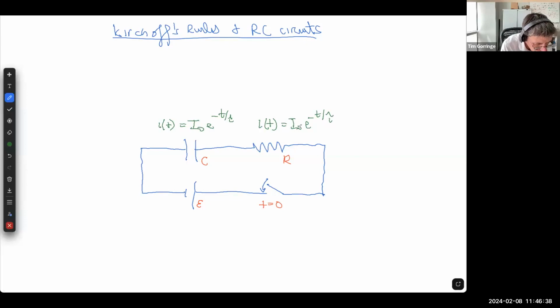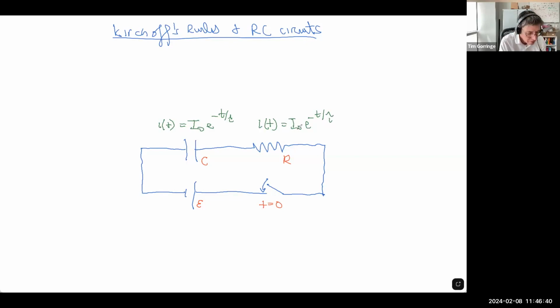The I naught is the current that flows the moment the switch is shut. So that's the initial current, and that flows at time zero, and then that current starts shrinking and shrinking and shrinking according to the exponential.